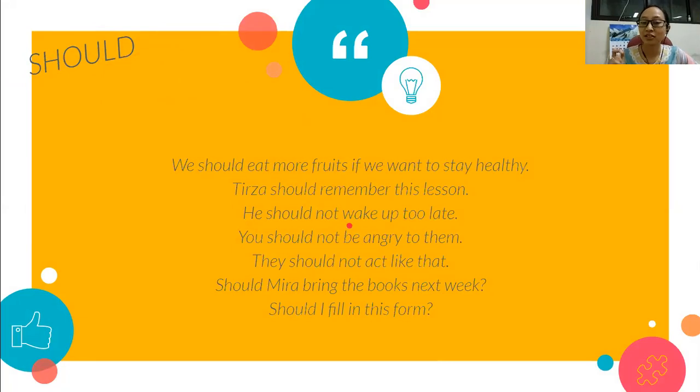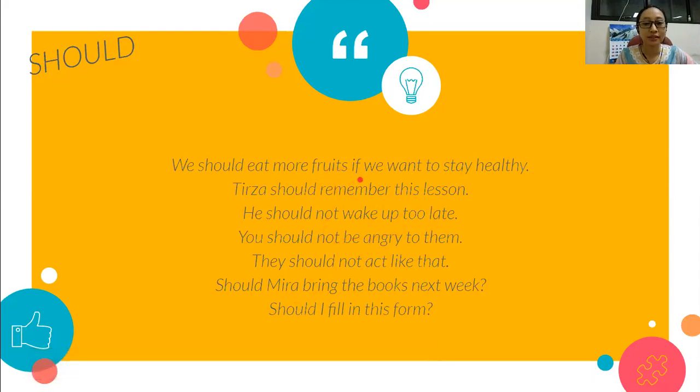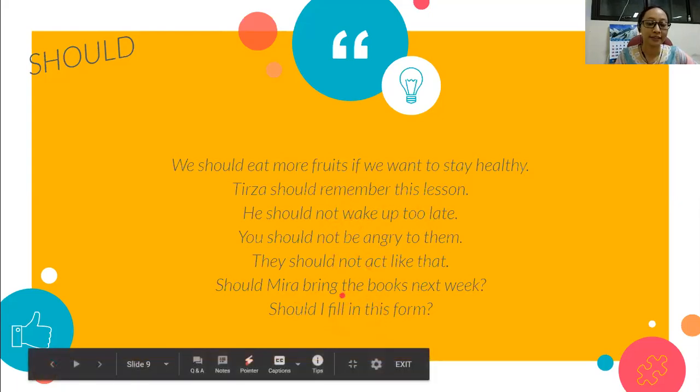Jadi paling strong, paling to the point, wajib itu must. Di bawah must tadi ada have to atau has to. Di bawahnya itu ada should or need. Dan yang informal itu ada have got to. Oke, ini untuk should-nya. There are some examples on positive sentences, negative sentences, and also interrogative.